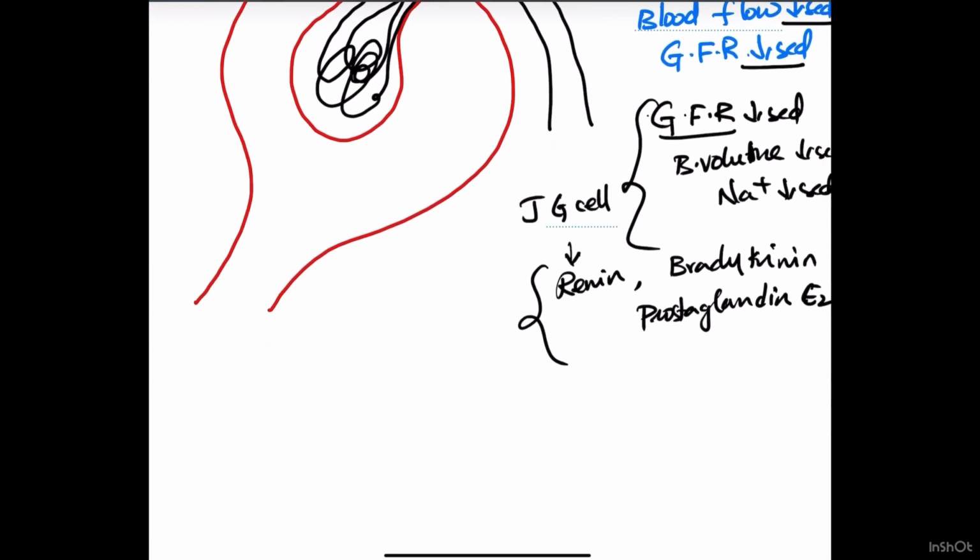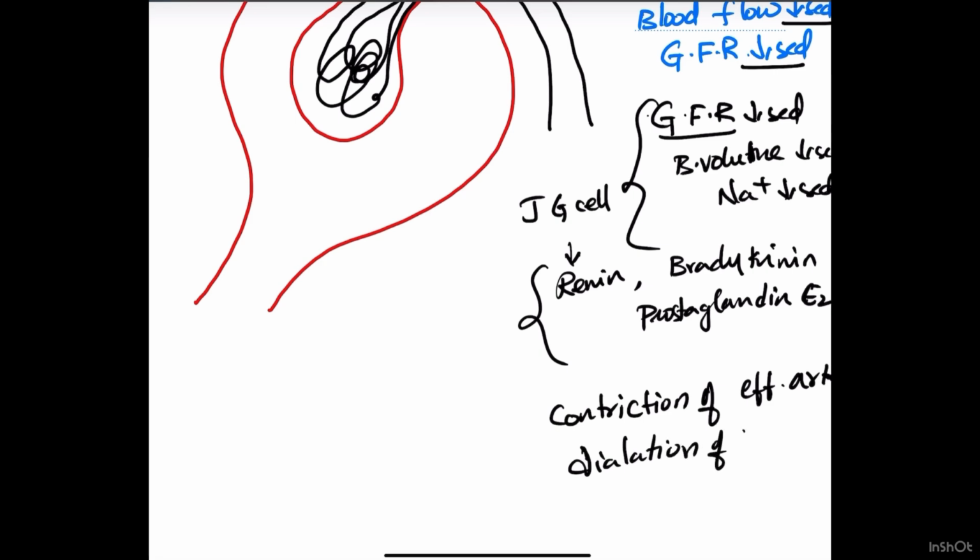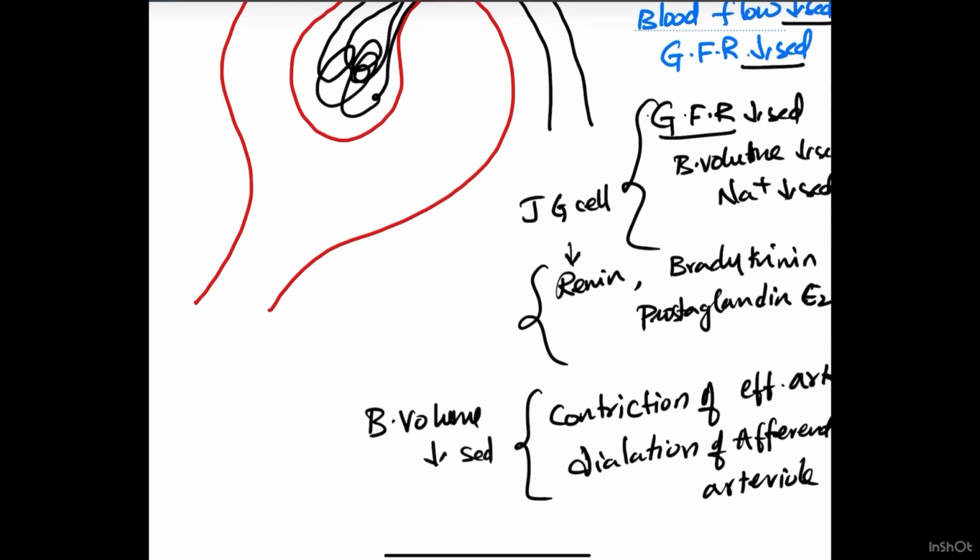This is going to cause constriction of the efferent arteriole, and then dilation of the afferent arteriole. So as a result, again the blood volume is going to come downwards. It's going to be decreased.